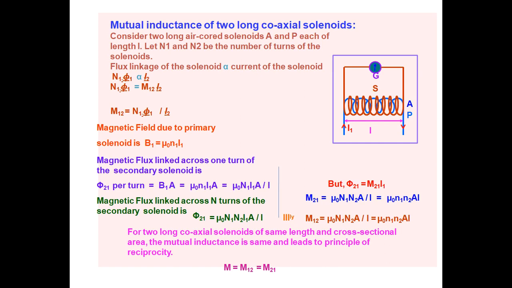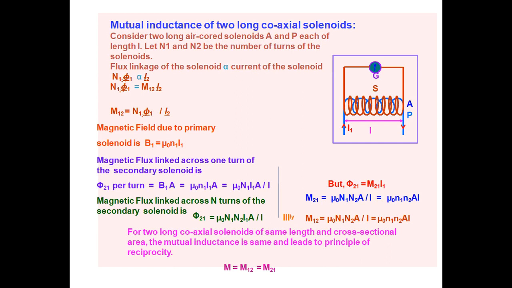Therefore we change the proportionality sign to an equal sign by taking one constant. Suppose M12 is the constant, also known as the coefficient of mutual inductance, so N1 phi1 is equal to M12 into I2.